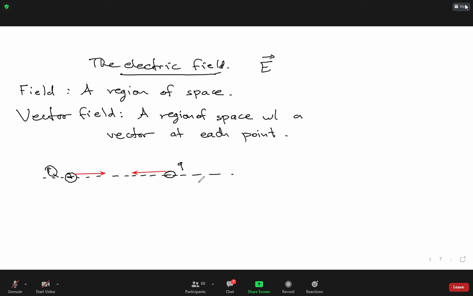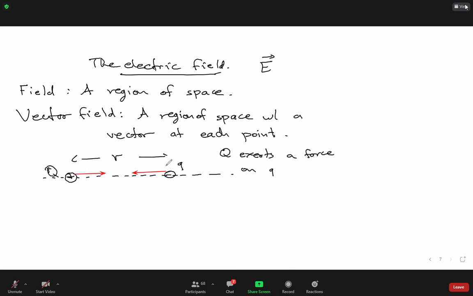So one way to view this interaction is to say that big Q exerts a force, which we call the electric force, on little q. And of course, the other way, little q exerts a force on big Q, which kind of comes up against the same problem that the gravitational force did. All of a sudden, somehow, little q is supposed to know that big Q is there. This distance between them could be very large.